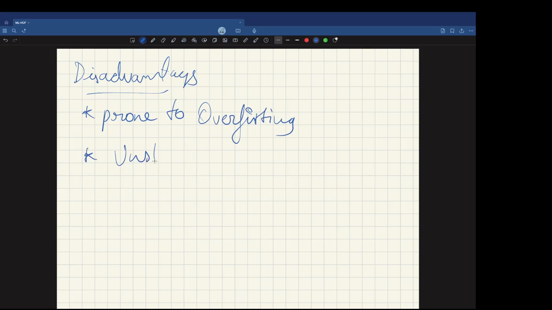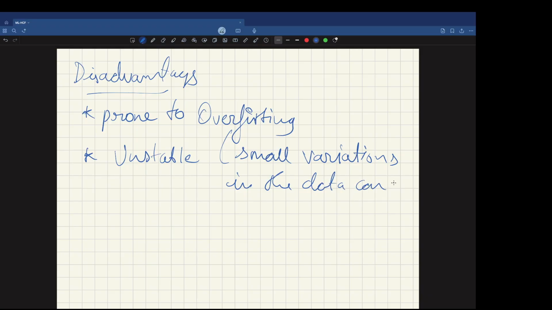It is unstable: small variations in the data can lead to different trees.